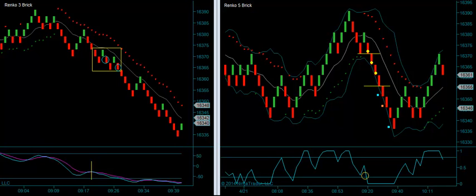And now we need 3 more bricks to get partial 2. Well, we only go down 2 bricks. So 2 partials on initial trade, but only 1 partial on add-on 1.